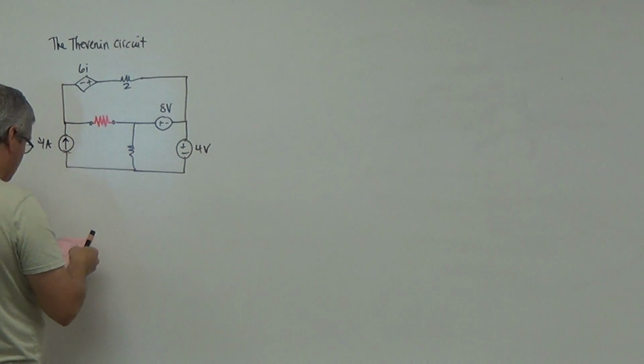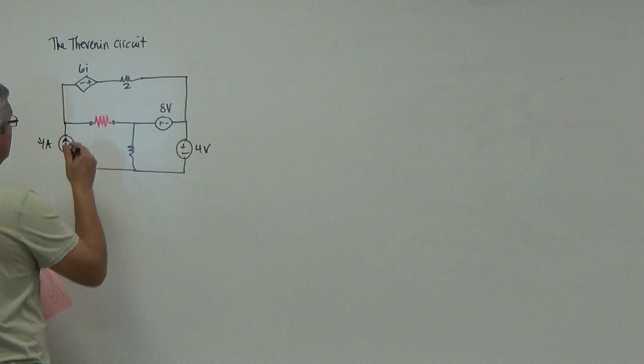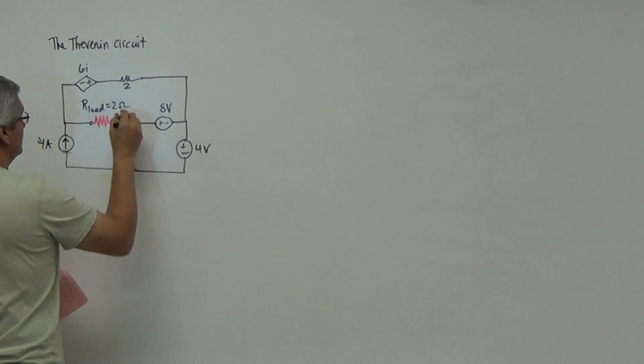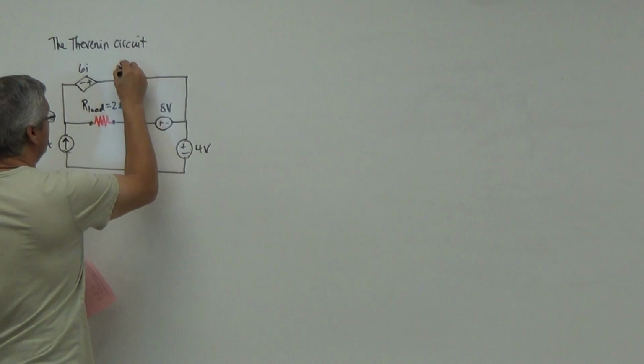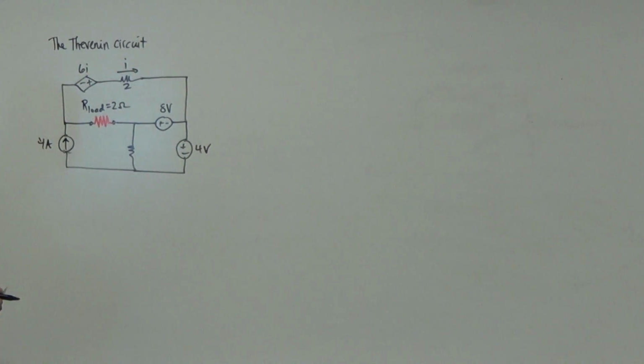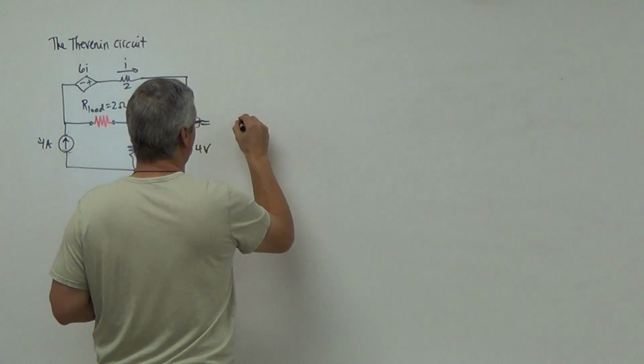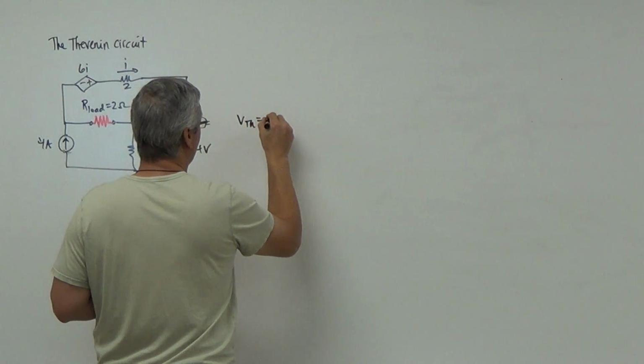And what we saw here is that the load resistor was equal to 2 ohms, where I defined this to be the I. And so this circuit is effectively this circuit right here.